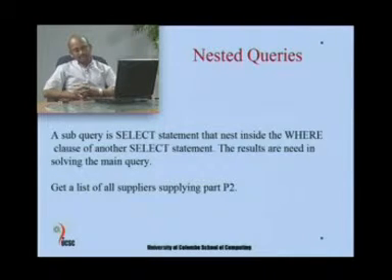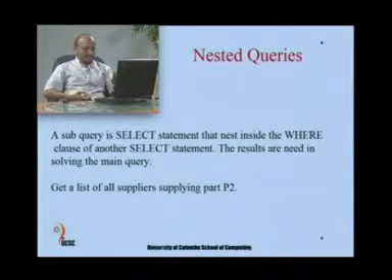Now, we saw earlier a subquery inside a where clause using the in clause. Here also we are talking about a very similar thing, but we are now going into a more detailed example. Earlier we just introduced it with the in keyword.